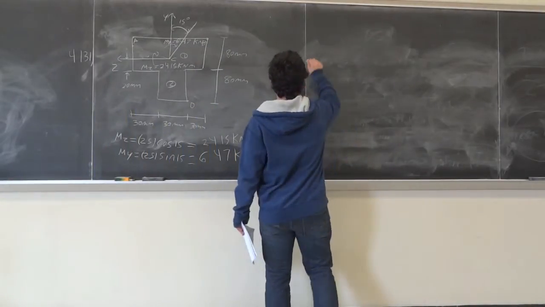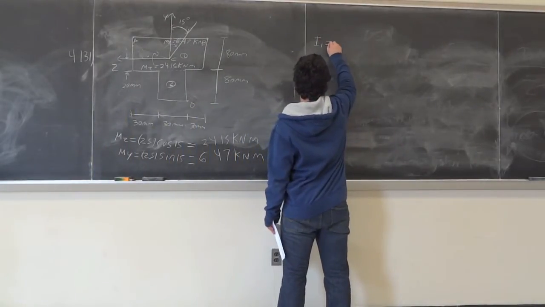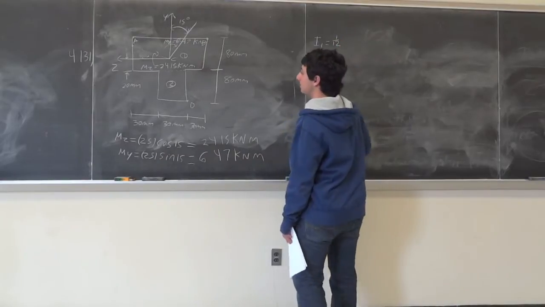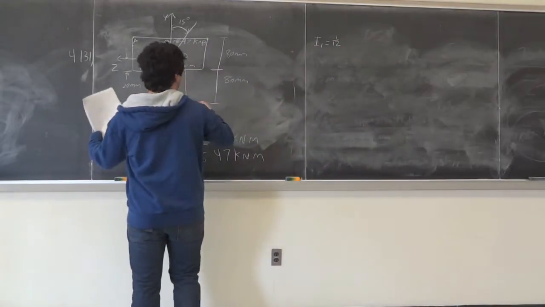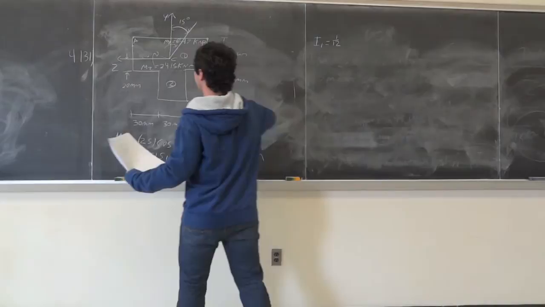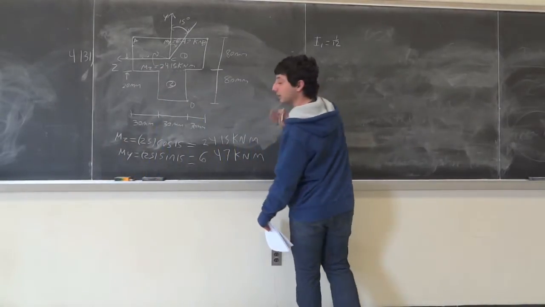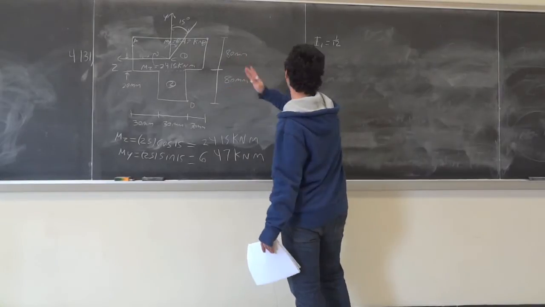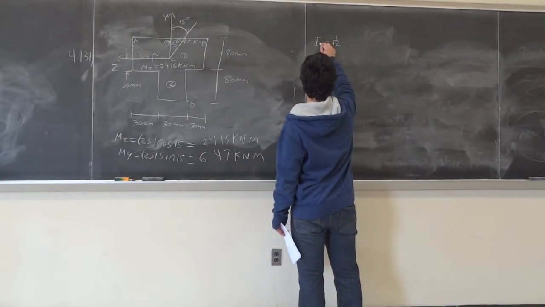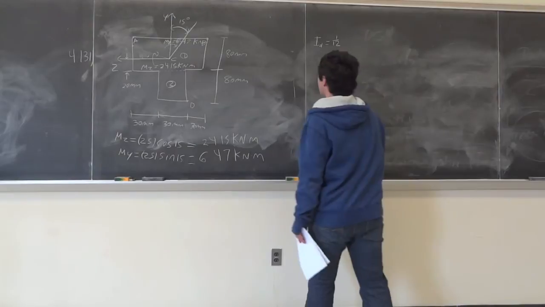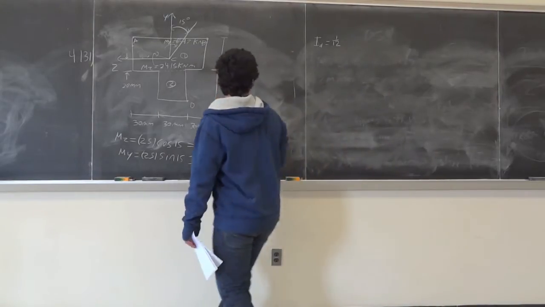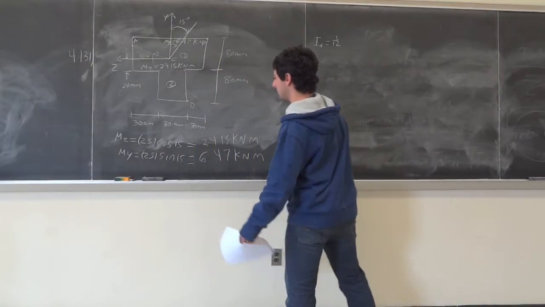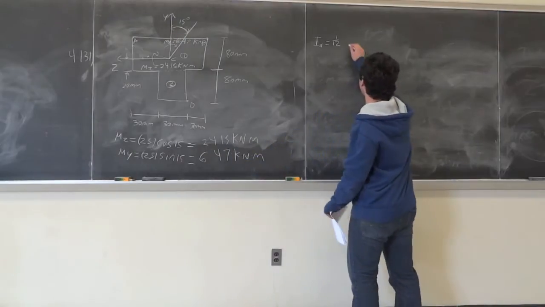So what's I1? It's 1/12 times B. First we're going to find the moment of inertia around the z-axis, because you're going to have two moments of inertia, one around the z, one around the y. So I'll call this Iz1. Iz1 is 1/12. B in this case is 30 plus 30 plus 30, which is 90.